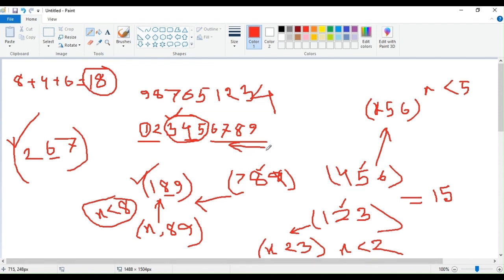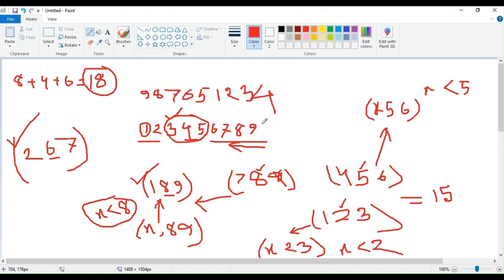So that means we have to sort the array first, and then we have to traverse the array from the last one, I mean from the right side, the higher to lower.